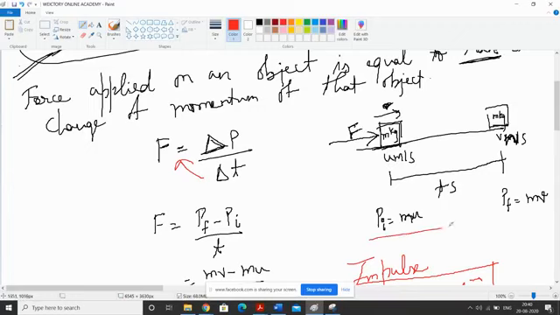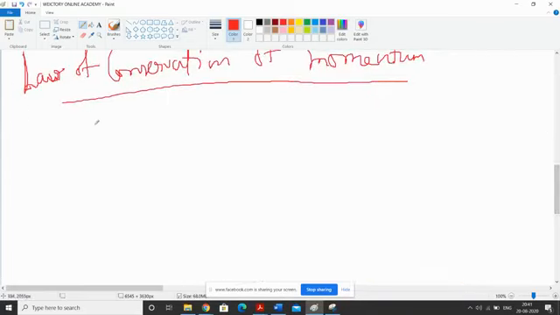It means the momentum would have remained mu. There would not have been any change in the momentum, right? So if we do not apply any force on an object, its momentum will remain constant. It will not change. So that's what the law of conservation of momentum is.